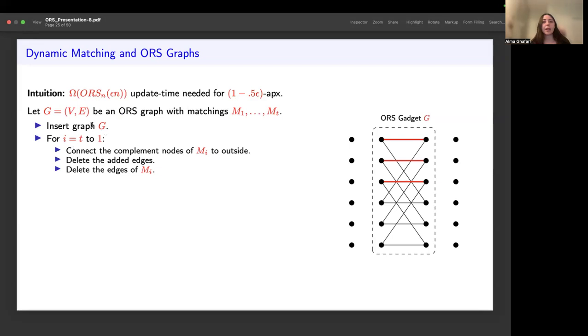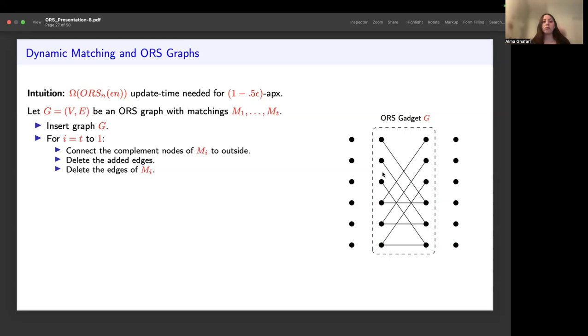Let's say it would pick one matching from M1 to MT, and it would connect its complement nodes to the outside. So in order to find a good approximation, we have to identify the matching of these ORS gadget here.